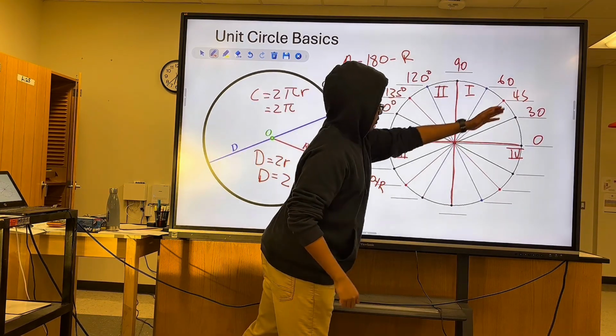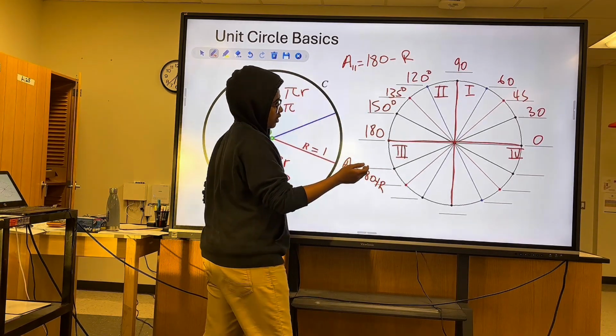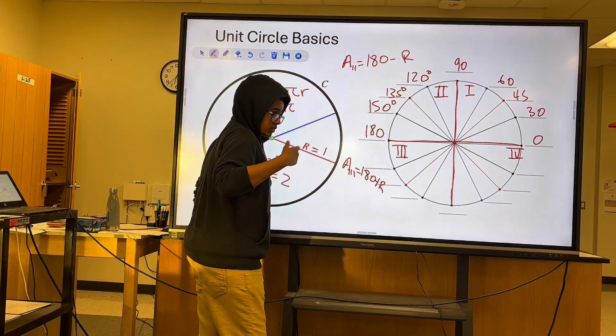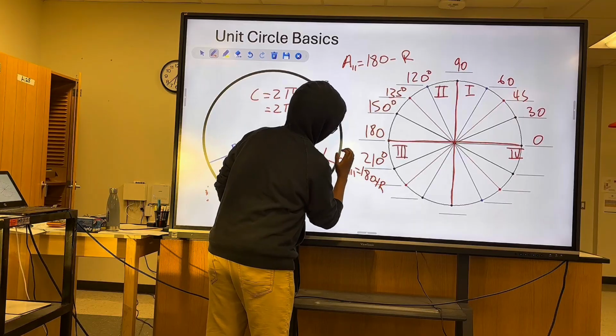So we have 30 degrees right there. The coterminal angle in the third quadrant for 30 degrees is going to be 180 plus 30, which is 210 degrees.